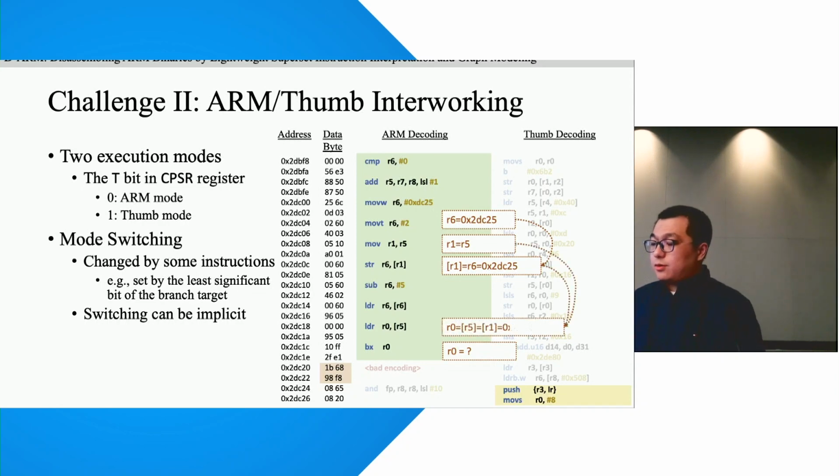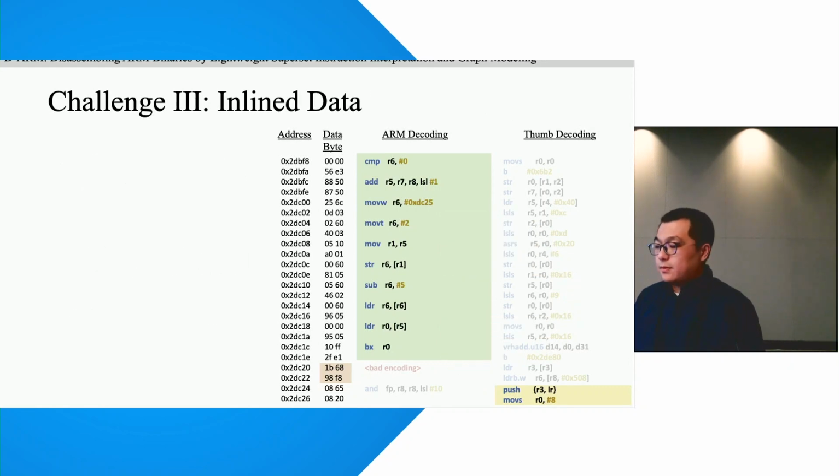Then the load instruction loads the bytes at the address denoted by R5 to R1, which should be 2DC25. Now we know that the target destination of the branch instruction is 2DC25, and it switches to the Thumb code. We can see that mode switching is highly challenging, and a static analysis can be helpful.